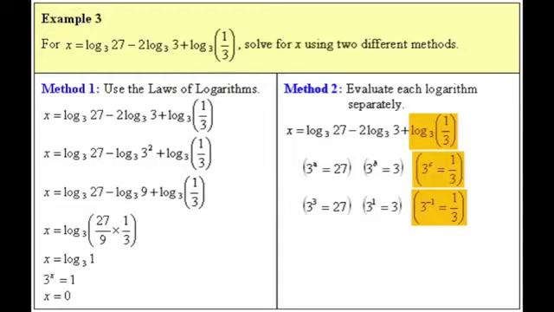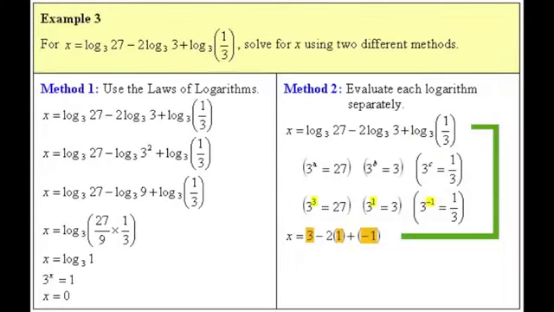If we say that that logarithmic expression is equal to c, then when I change it to its exponential form, it would be 3 to the c is equal to 1/3, and therefore c would have to be equal to -1. So we can conclude that log base 3 of 1/3 is equal to -1.